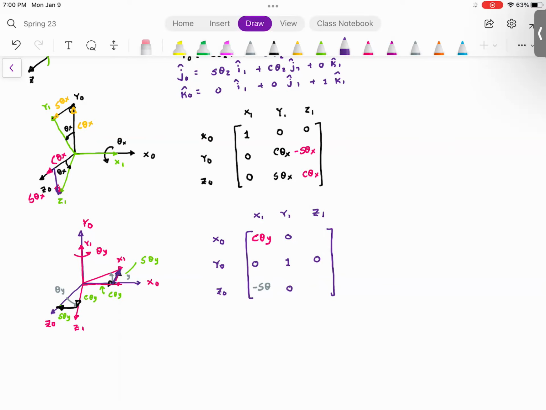And then for z1 it is sine theta y and then cosine theta y.